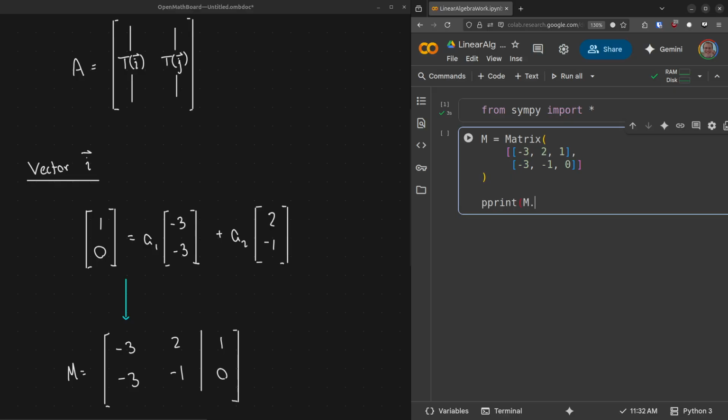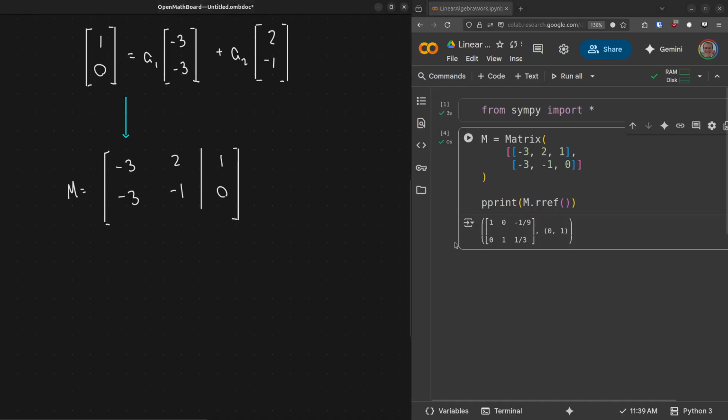And I want to find the reduced row echelon form of matrix M. And there it is. We get 1, 0, -1/9, 0, 1, 1/3. The last column is the augmented part, and we can immediately see we do have a solution.